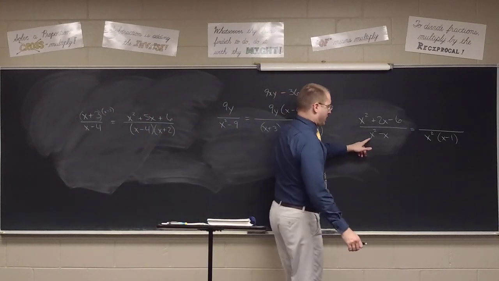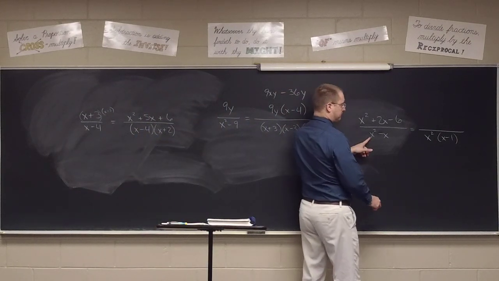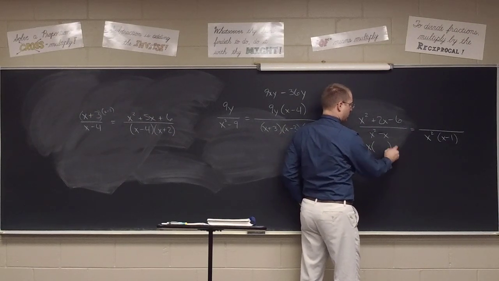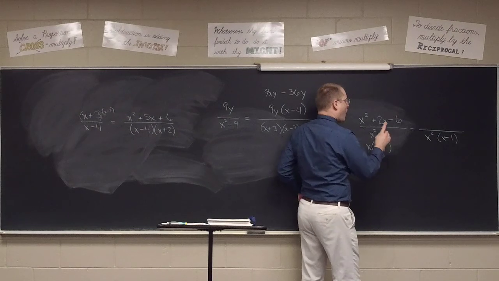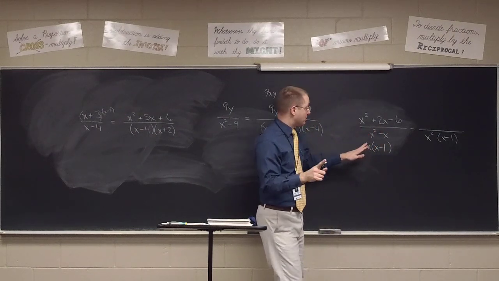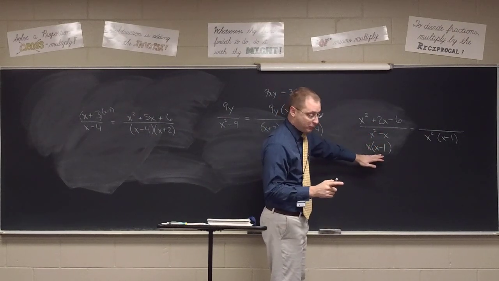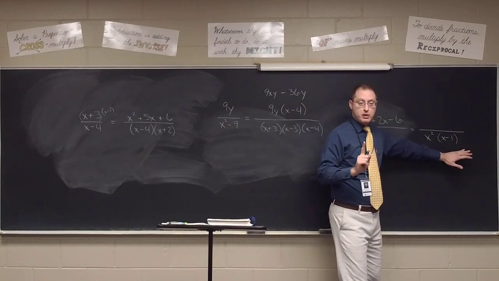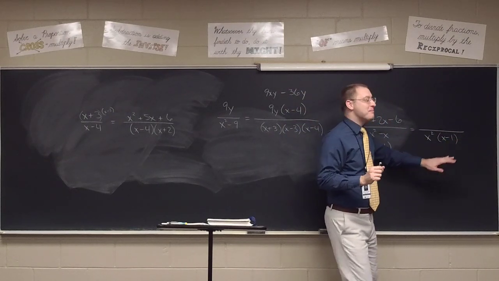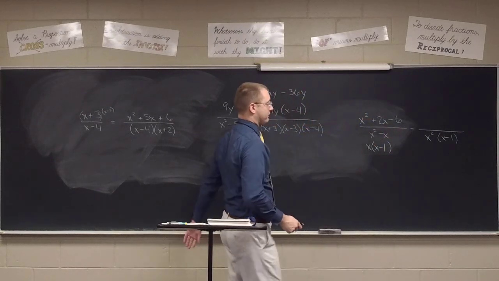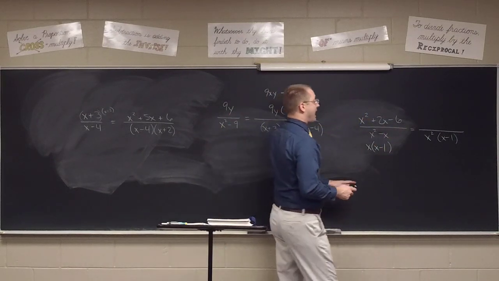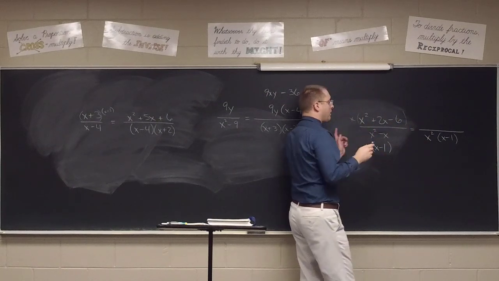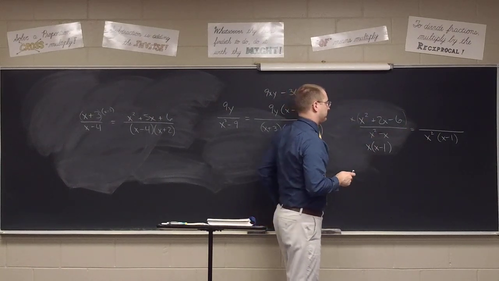Maddie, what is this in factored form? All right, so if you would factor, you would see here I have x negative 1, and over here I have x squared, x negative 1. Now this is something an 8th grader could answer correctly. Maddie, what changed from there to there? The x. So if I have an extra x here, I also need to put an extra x here. Maddie, what should be my numerator?